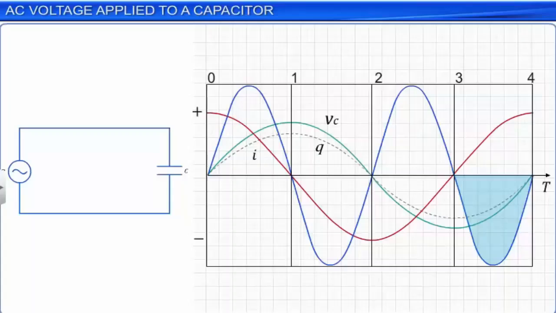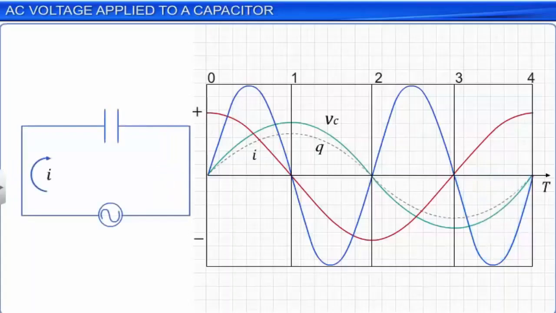In the first time interval 0 to 1, the value of the current keeps decreasing in the circuit from being maximum at time t equal to 0 and reaching 0 at 1, at 1/4 of its time period. By the end of this time segment, plate A gets fully charged with positive charges and plate B with negative charges, and they oppose any further current in the circuit.